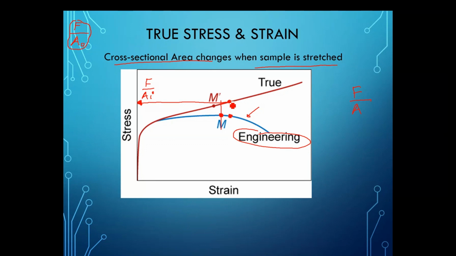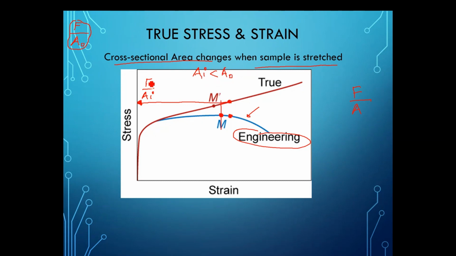At this moment, the instantaneous area, would it be less than or greater than the actual area? Sir, less than. So this would be less than the actual area, which is A naught.